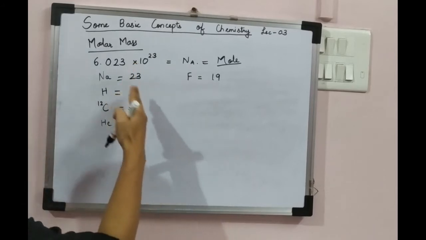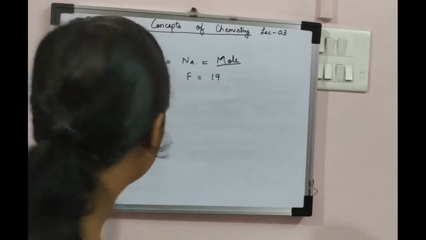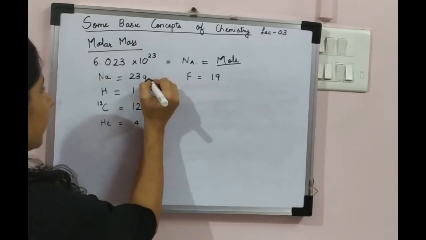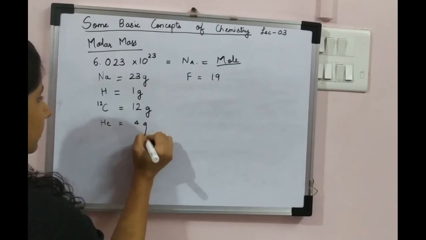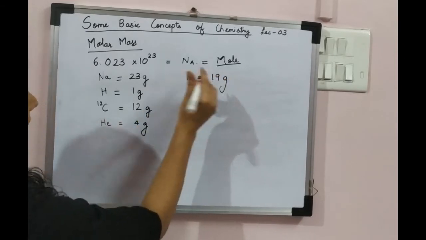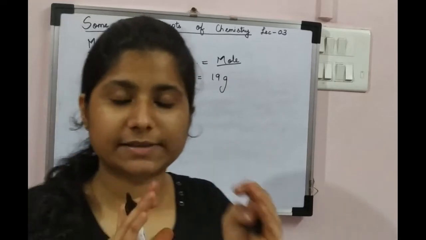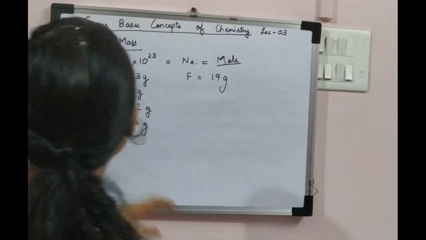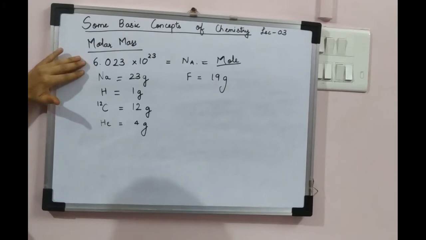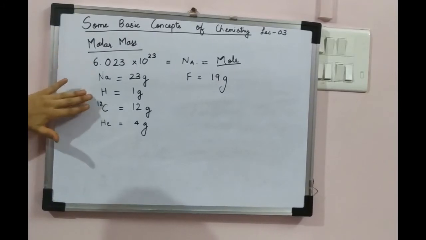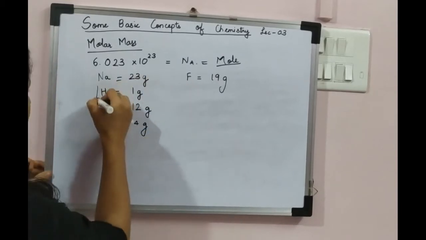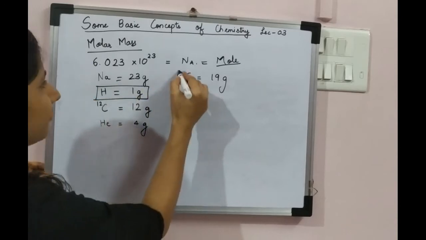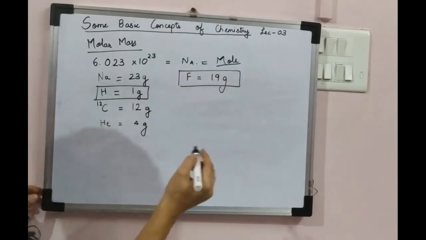Now if I take these atomic mass units in terms of grams, sodium as 23 grams, hydrogen as 1 gram, carbon 12 as 12 grams, this is also in grams. So if they do not react and exist as independent entities, how many atoms will I have? This many, 6.023 into 10 to the power 23 atoms of sodium, hydrogen, carbon, helium, fluorine. But if I see hydrogen and fluorine, what is the exceptional case between them?